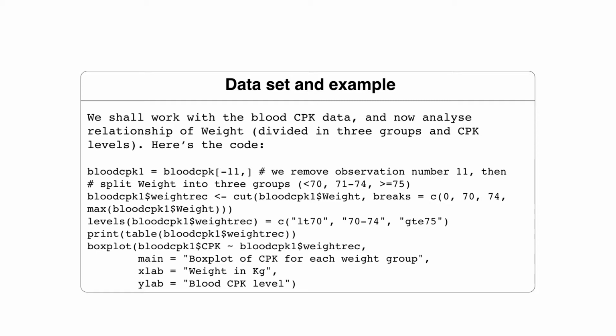That gives you the breakpoints. R will guess the levels, or we can specify them here. You see how we have specified less than 70, 72, 74, and greater than or equal to 75.